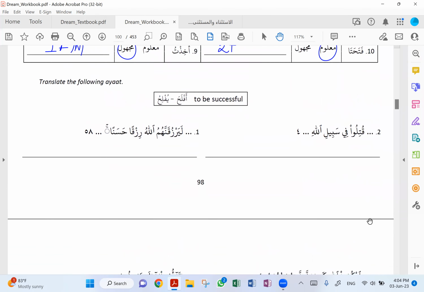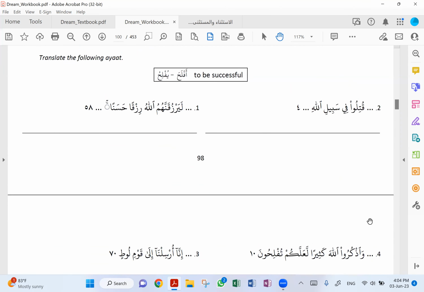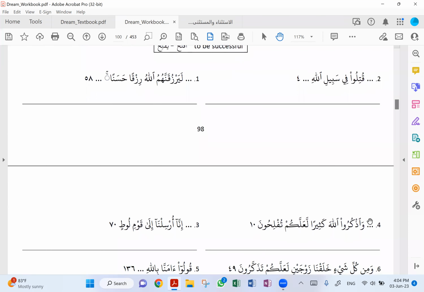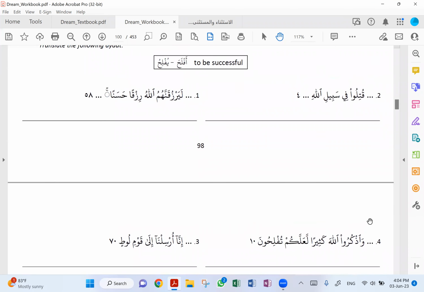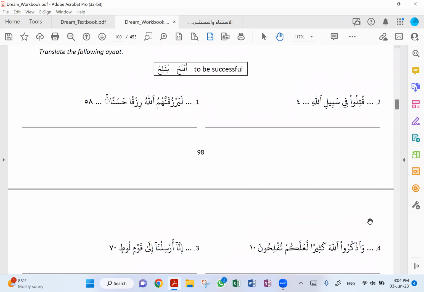So to translate the following ayat, we are given aflaha yuflihu, to be successful. So number 1, لا يرزقنهم الله رزقا حسنا. What do you guys think? How many words do you see in this first part? Let's go bit by bit. Lam is of tawkeed.